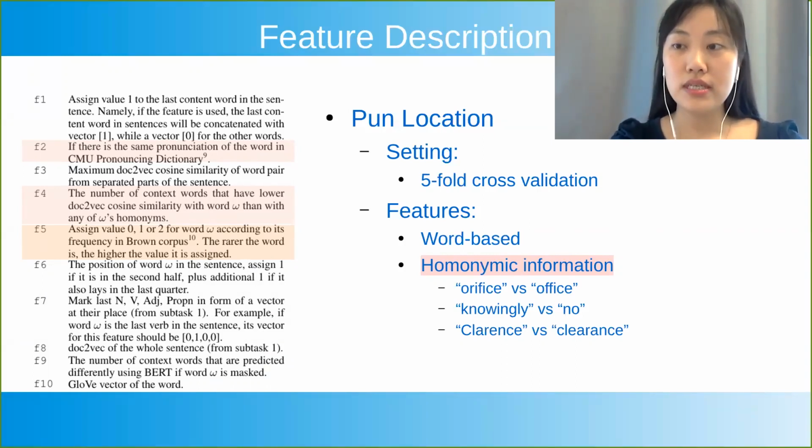Second, variances of the word are not considered. For example, knowingly and know. Third, puns may expose name or compounds. For example, clearance and clearance. Such words are rare and sometimes even made up.